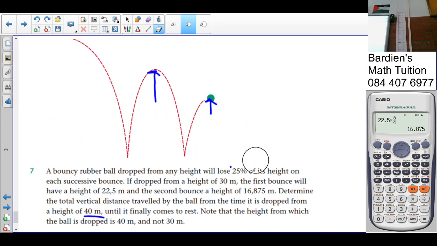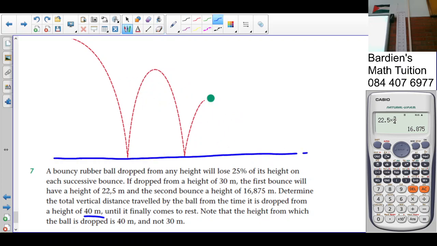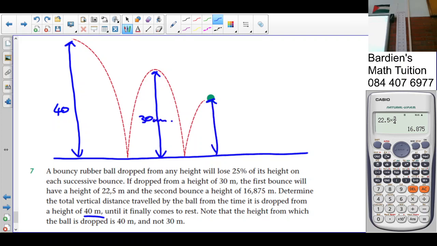They gave us 30 to explain what is happening. So if it's dropped from a height of 40, in the first bounce, if it retains 3/4, then it's going to be 30. Again, 3/4 of 30 would give you what? 30 times 3 divided by 4 should be 22.5.